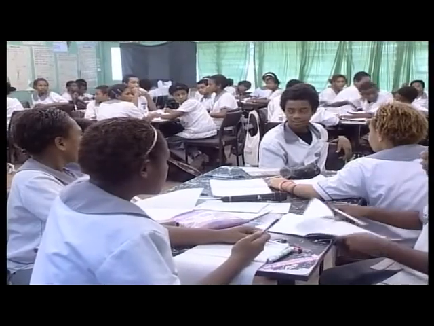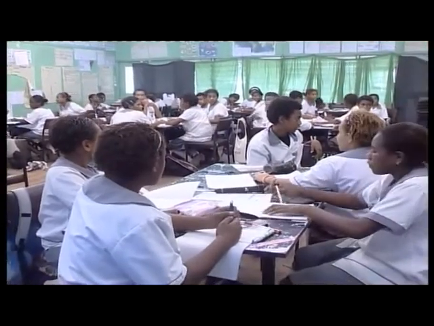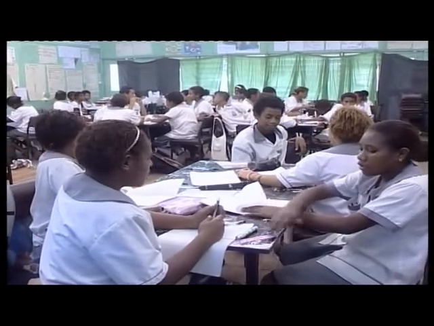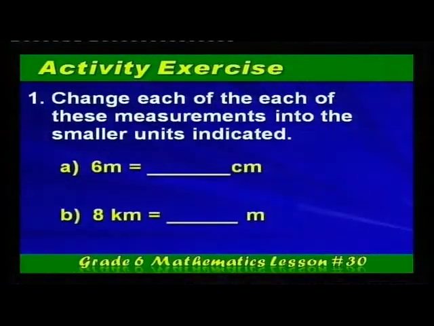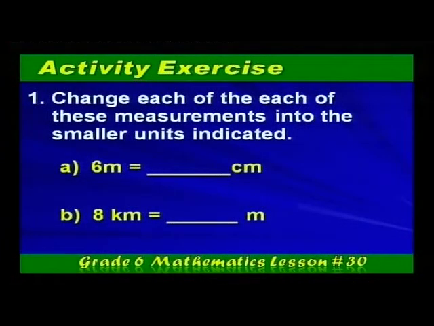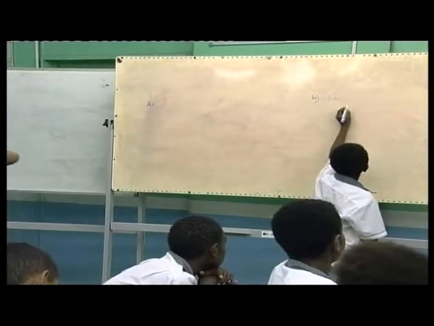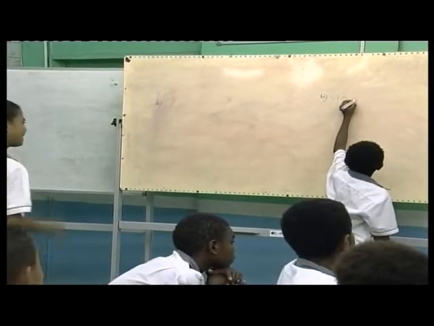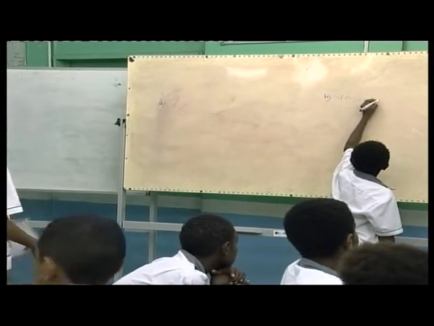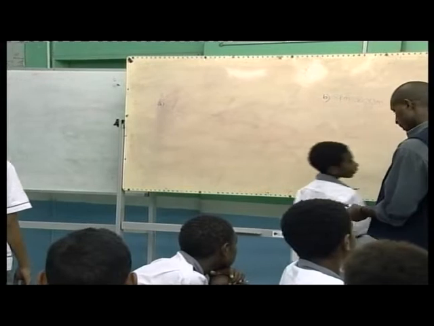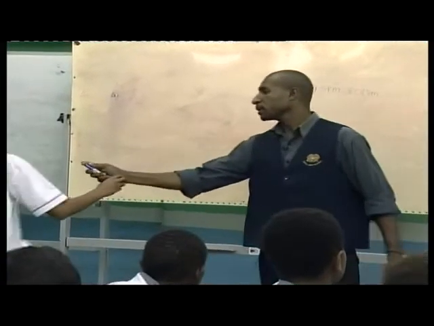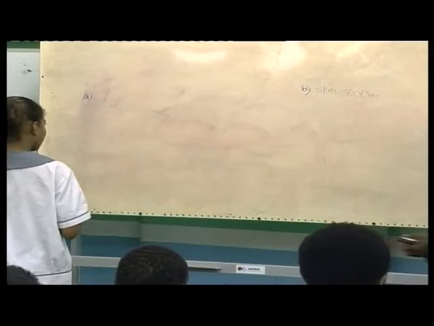From the model class, I will have Marilis and Lewis. Good. Just write it big. Big.